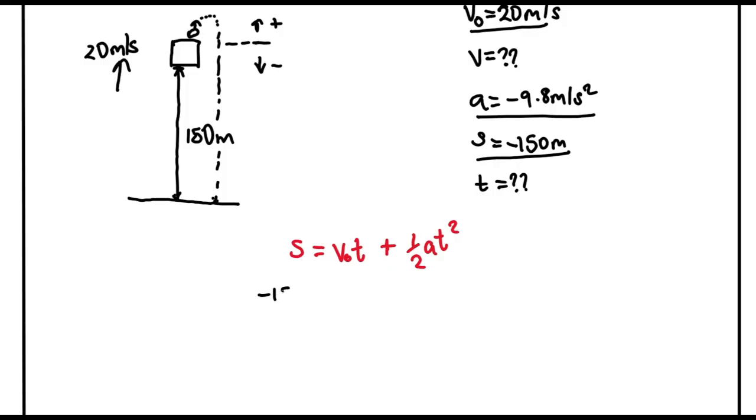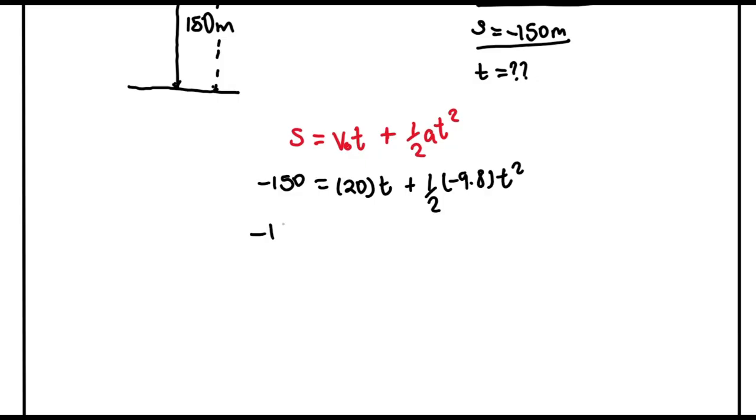Displacement is negative 150. Initial velocity is 20 times t plus half, negative 9.8 t squared. This simplifies to negative 150 equals 20t. This cancels and we have 4.9 here. So this is minus 4.9 t squared.